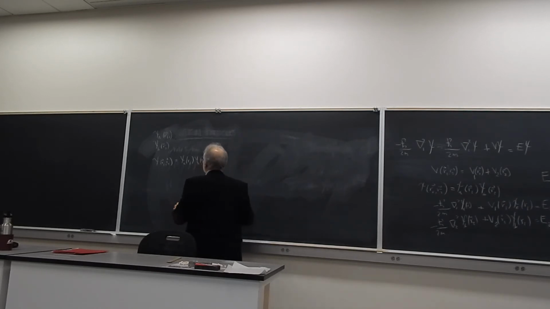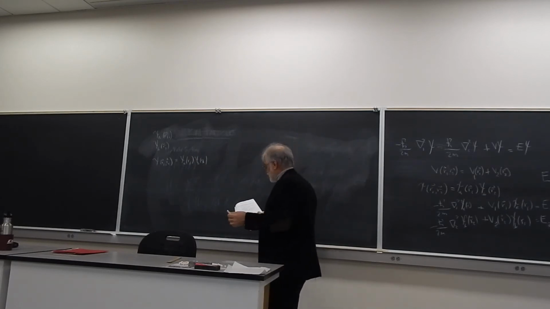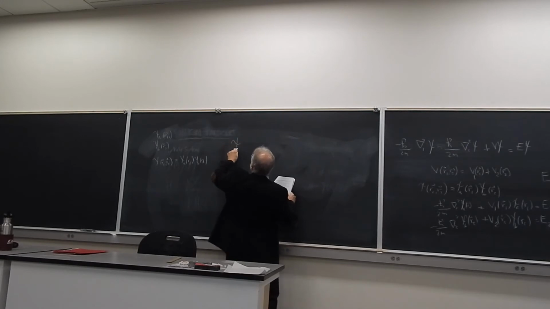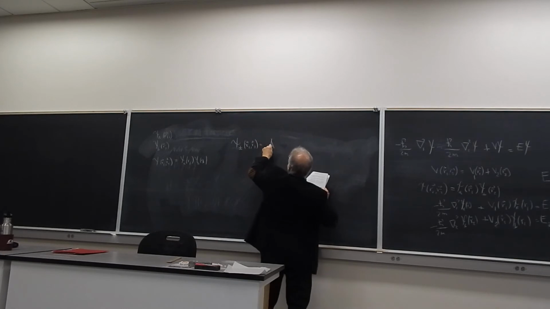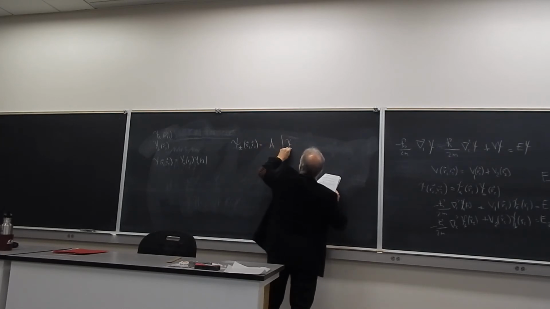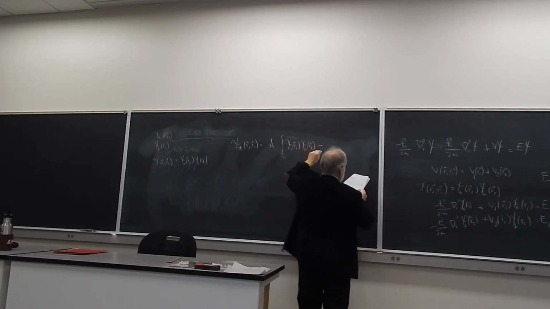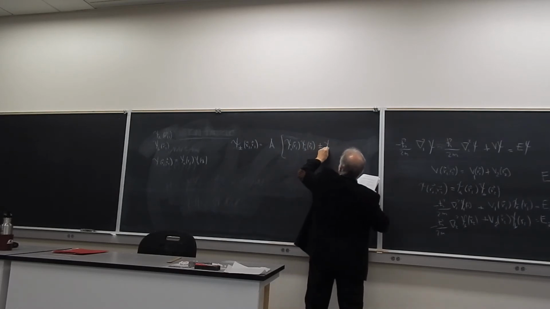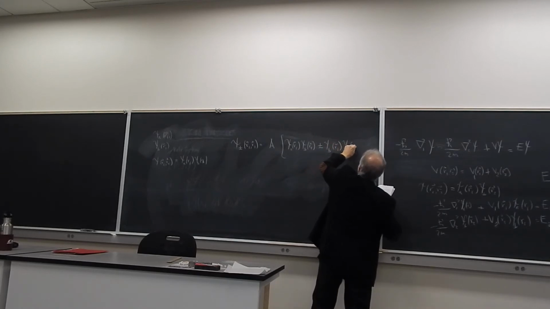So the most specific wave function I can write in that case is psi plus-minus of R1 and R2 equal to some amplitude A, psi sub A of R1, psi sub B of R2, plus or minus psi sub B of R1, psi sub A of R2.